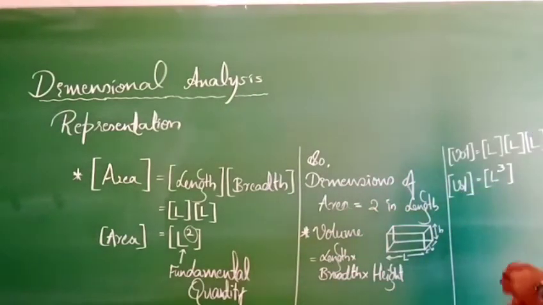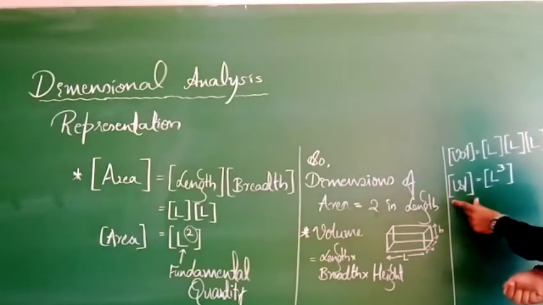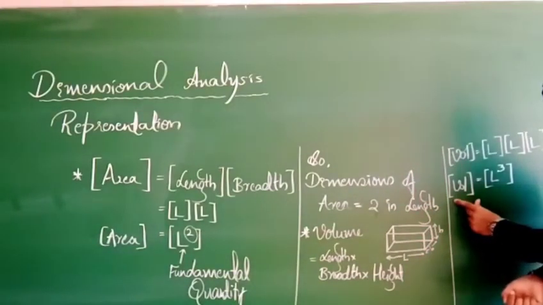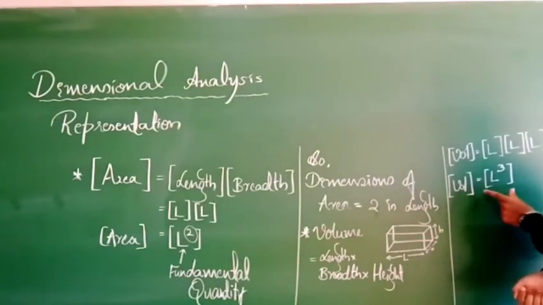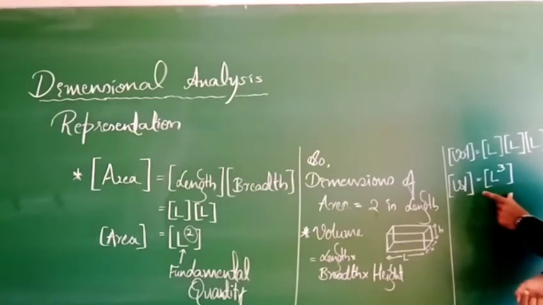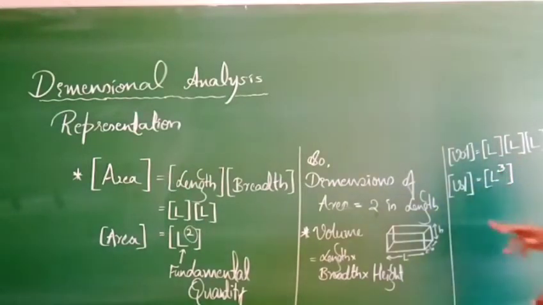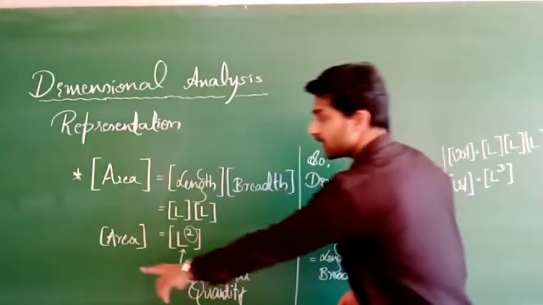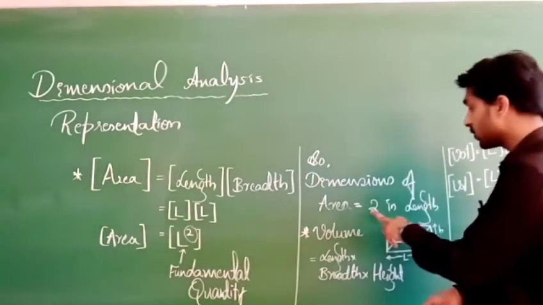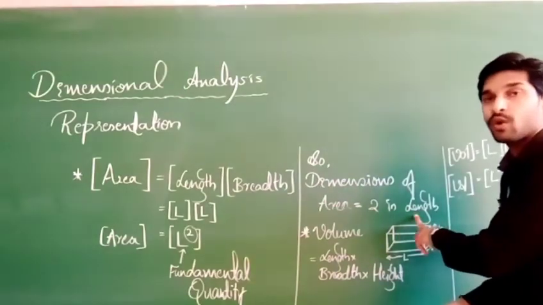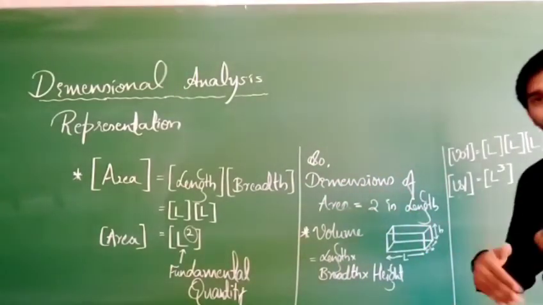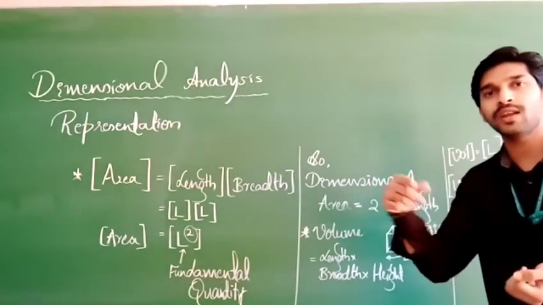Clear? So dimensional formula means on the left hand side we will be having a physical quantity and on the right side we will be having a fundamental quantity, and if any powers are there we will be having the power. Clear? So dimensions of volume is nothing but what? 3 in length. Dimensional formula for area is nothing but what? 2 in length. Are you all following? So dimensional formula for only length means 1 in length.